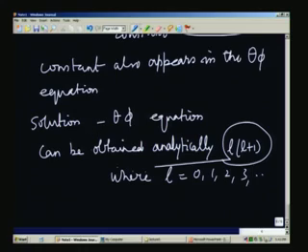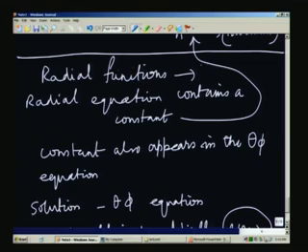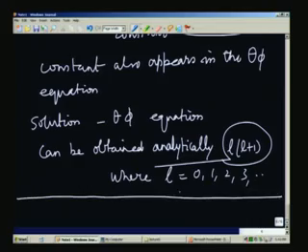This L, as a result of the solution of the theta phi equation, also controls the radial function because the L appears in the radial equation here. Therefore the radial function depends on two quantum numbers, one that comes with the L from the theta phi equation and one with the radial equation itself.